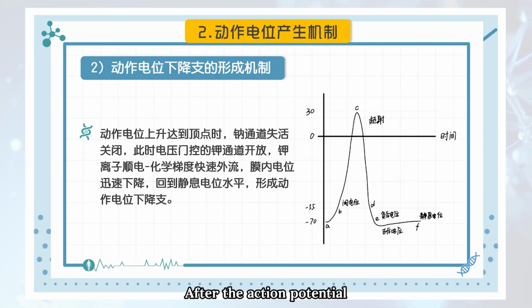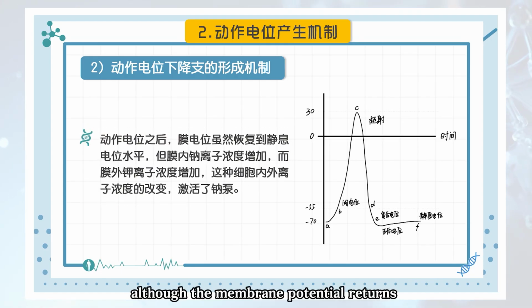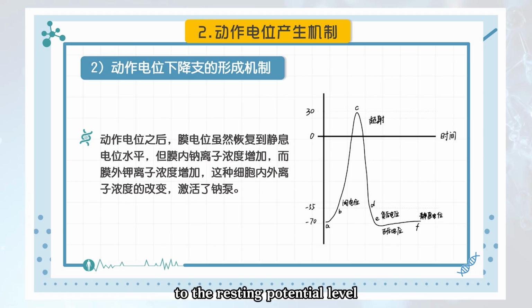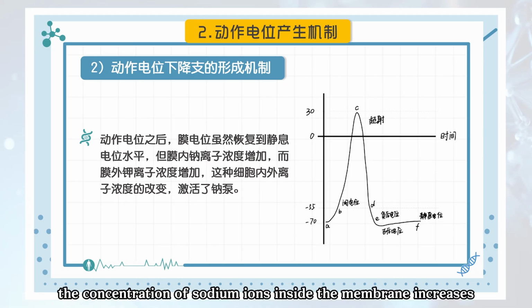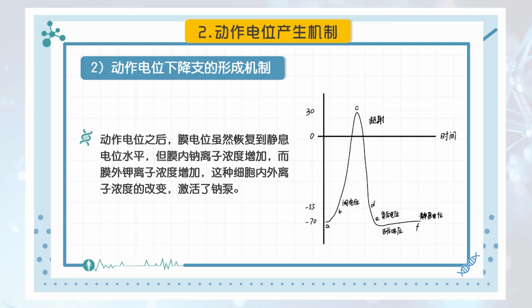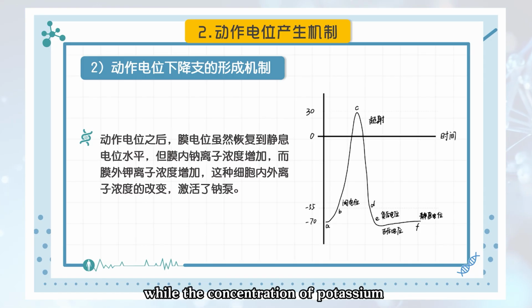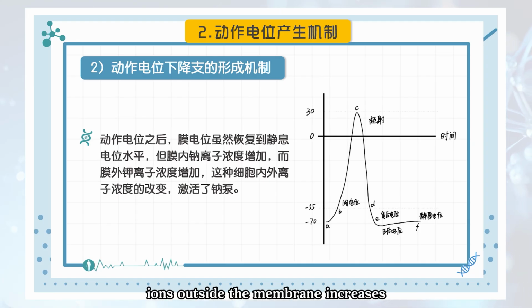After the action potential, although the membrane potential returns to the resting potential level, the concentration of sodium ions inside the membrane increases, while the concentration of potassium ions outside the membrane increases.